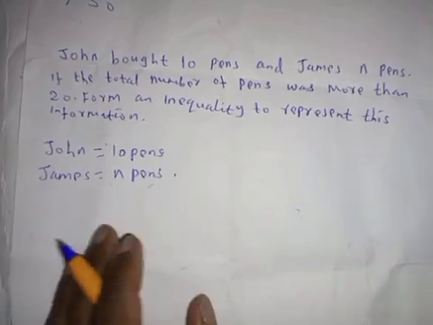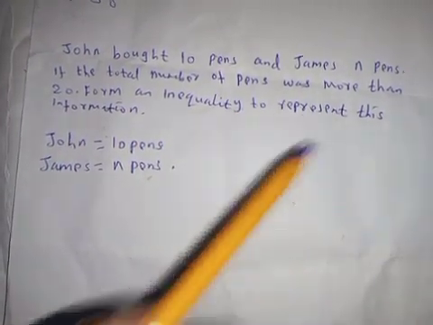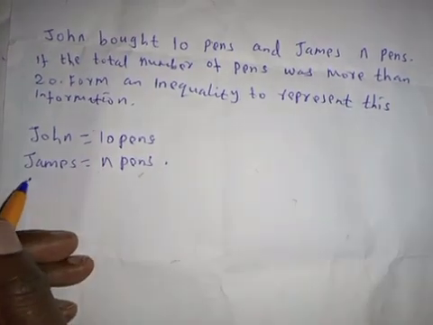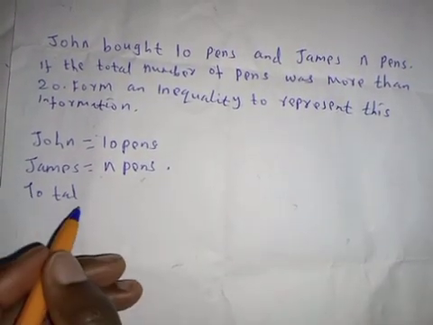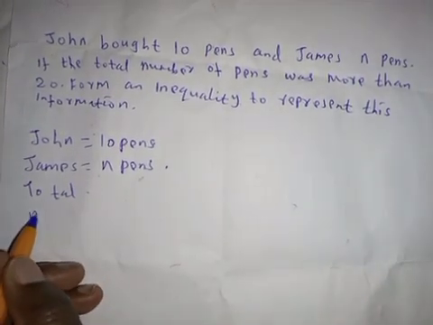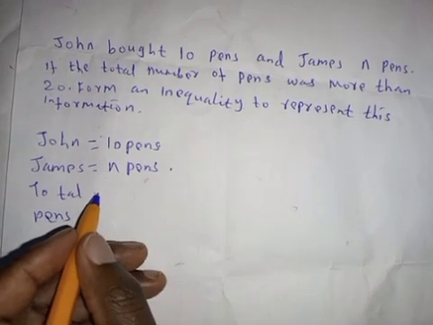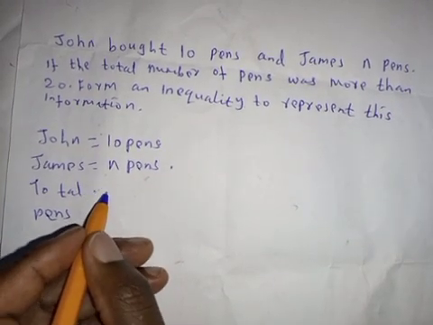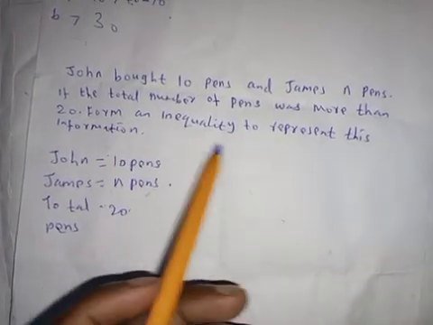Then you are told that if the total number of pence was more than 20, so total pence, we are told it is more than 20. We are told to form an inequality to represent this information.